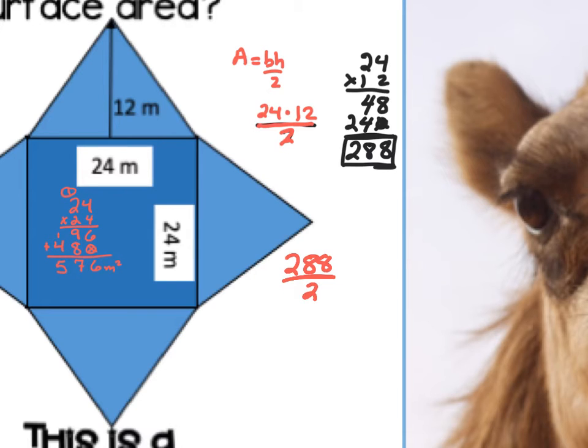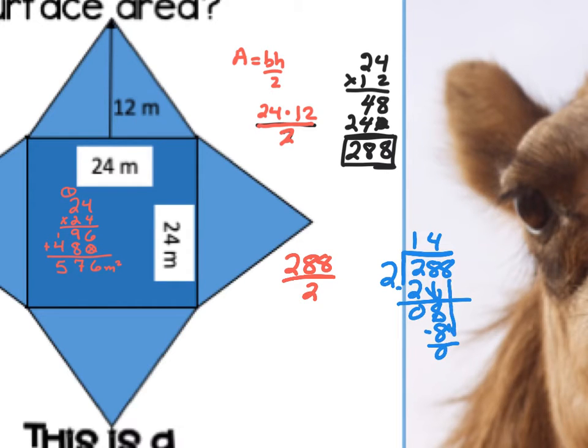And I'll do 2 going into 288. And 2 goes into itself one time, which gives me 2. I subtract, and I get 0, and I drop my 8. And then 2 will go into 8 4 times. So 2 times 4 is going to give me 8, and that zeroes out.